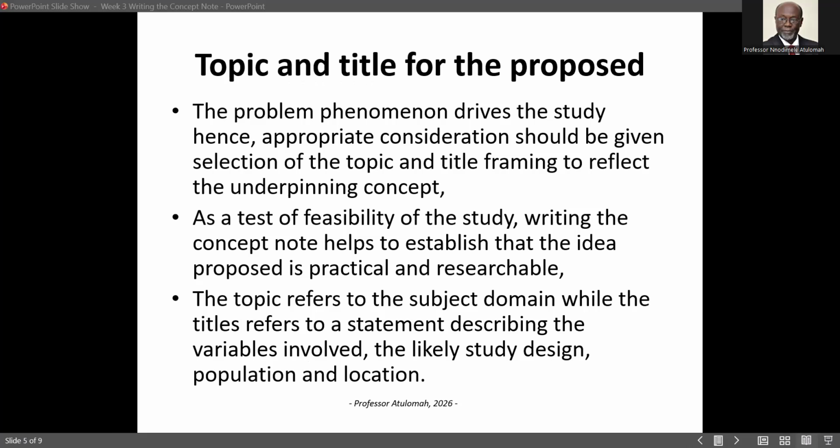You can engage in it knowing that you have an expected end point. Sometimes when the study is not well structured and thought through, it may not end well. So the topic refers to the subject domain, while the title refers to a statement describing the variables involved, the likely study design, and the population and location where the study is to be conducted.